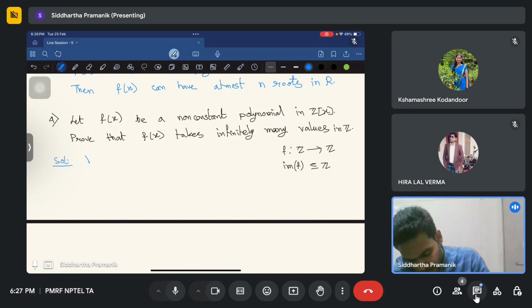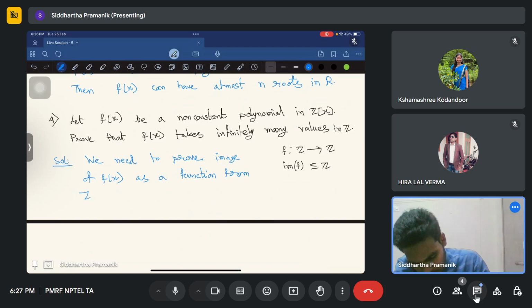So we need to prove the image of f(x) as a function from Z to Z is an infinite set.